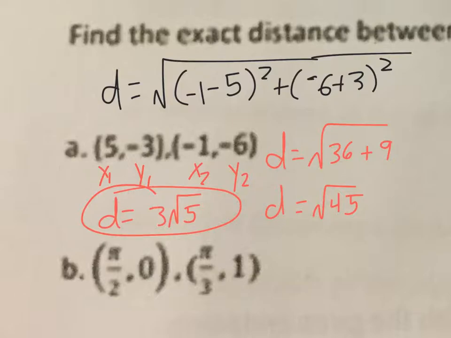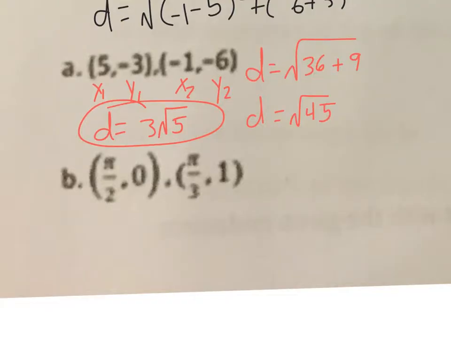Now right here we've got 2 points, and my x coordinates are in terms of pi. So that may be a little unusual from what you're used to seeing. But if you take Math 113, you'll see stuff like this all the time, and you'll get so used to it, it won't even bother you. But let's say this is x1, this is y1, this is x2, this is y2.